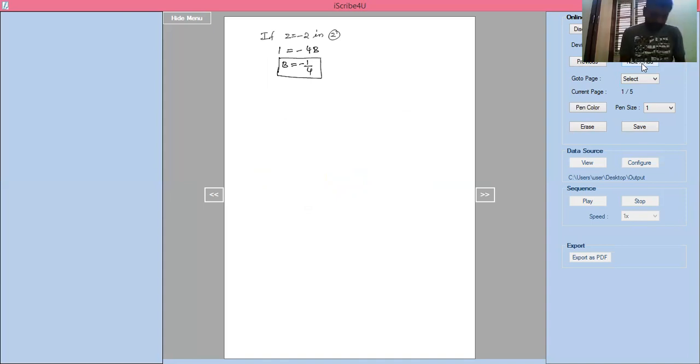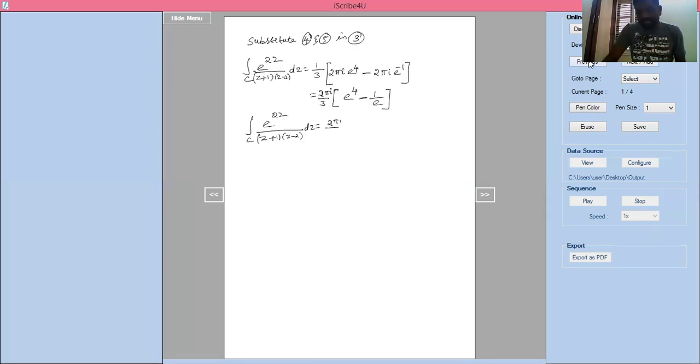Now substitute A equal to 1 by 4 and B equal to minus 1 by 4 in equation 1.